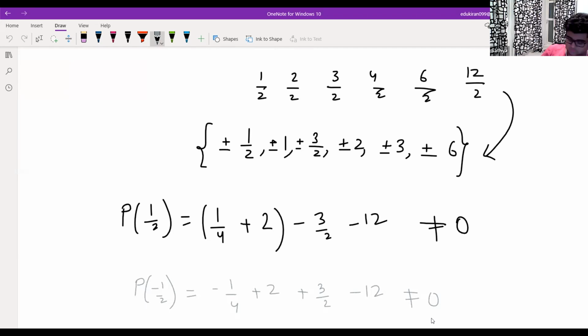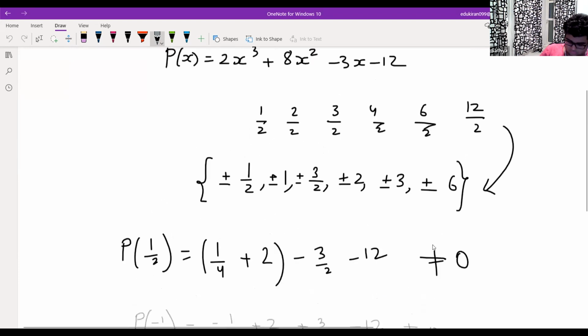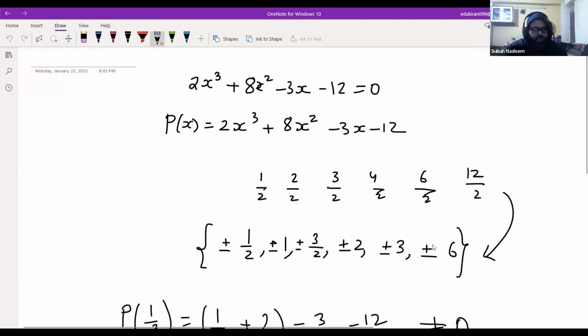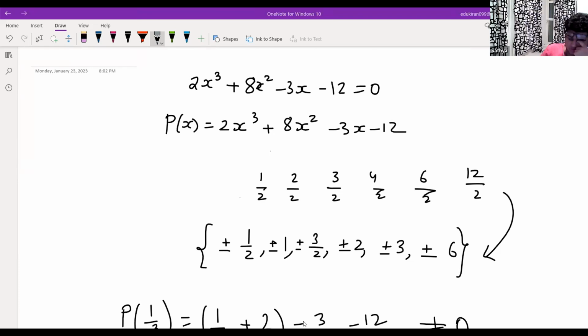The plus 1 will also not be the same. Plus 1 you can do mentally. 2 plus 8 will be 10, and minus 3 minus 12 is minus 15, so the total is minus 5. That is not going to be equal to 0. Sir, so even minus 1 will also not be the same, right?